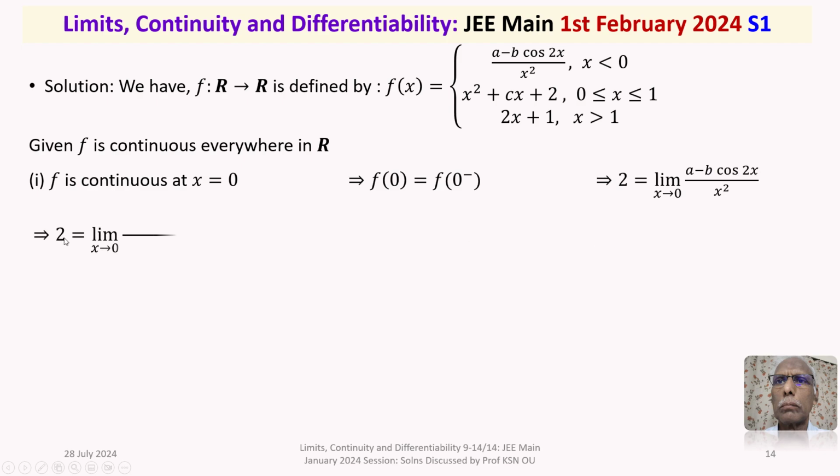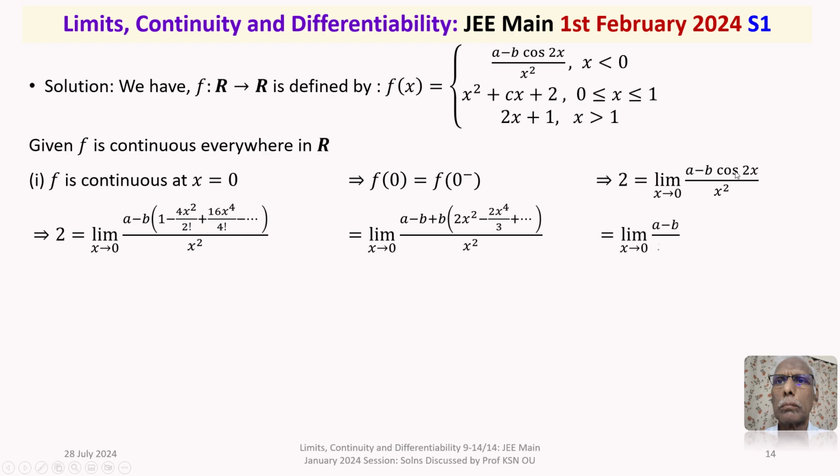This will imply 2 is equal to the limit as x tends to 0 of a minus b into the Maclaurin's expansion for cos 2x, by x square. Then it will be the limit as x tends to 0 of (a minus b) plus b times (2x square minus 2x to the power of 4 by 3 plus so on and so forth). This is the limit as x tends to 0 of (a minus b) by x square plus 2b, because x square cancels, you will get 2b.